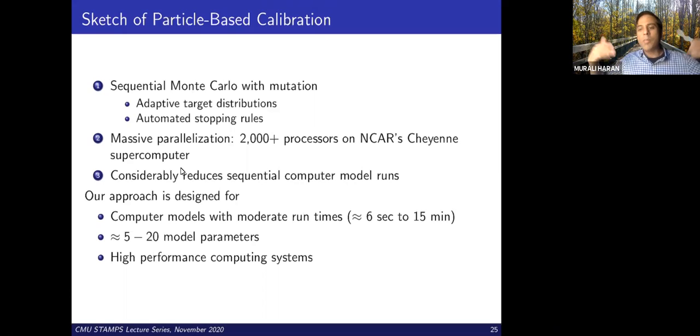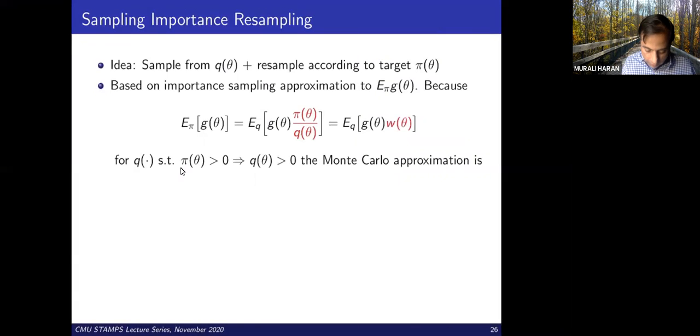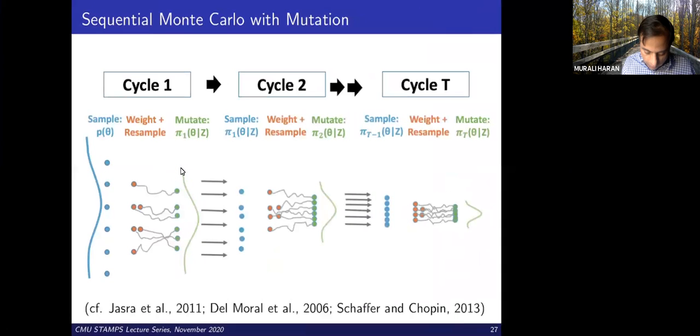Then you resample the particles according to a ratio between that importance function and the target distribution. And by doing that resampling, you end up getting an approximation to the target distribution. The idea of doing it this way is that each particle can essentially be run on a separate processor. And so you can massively parallelize this, and it avoids the sequential nature of the computing in a Markov chain Monte Carlo algorithm.